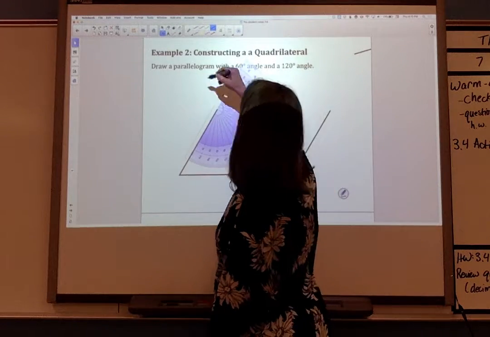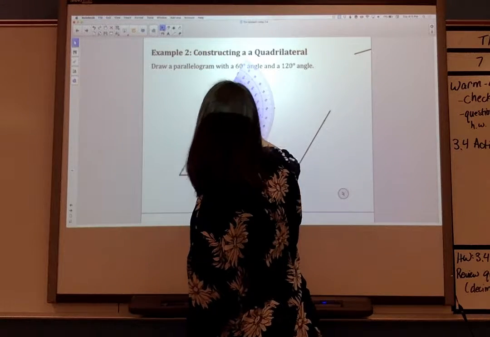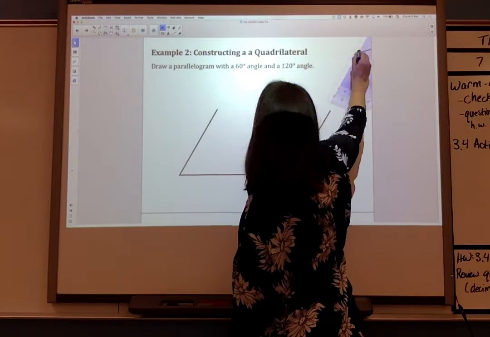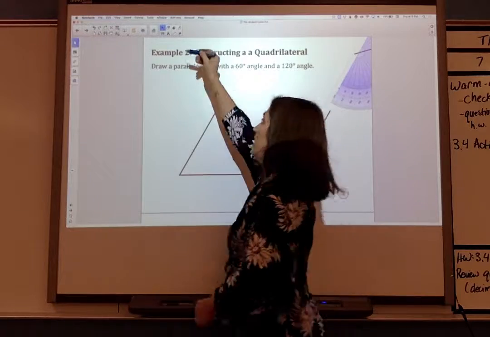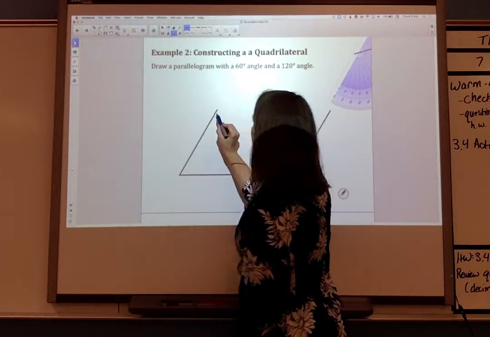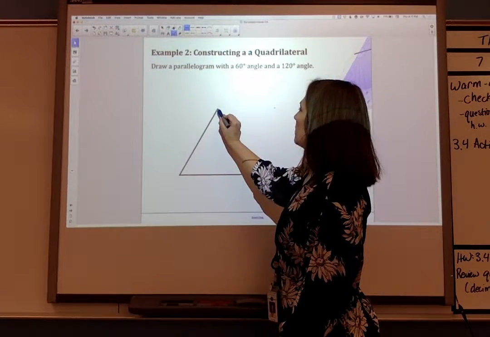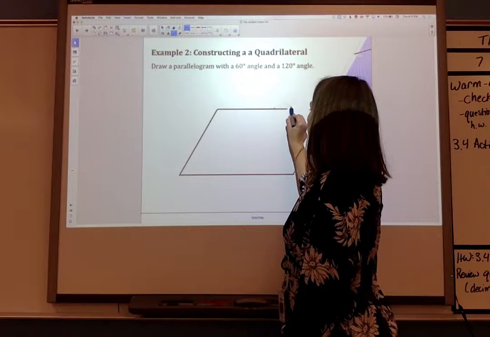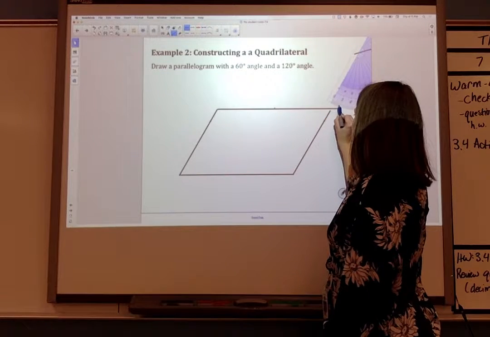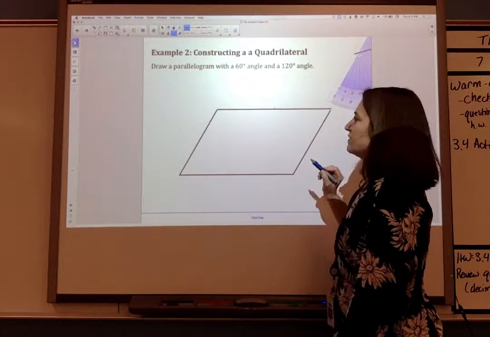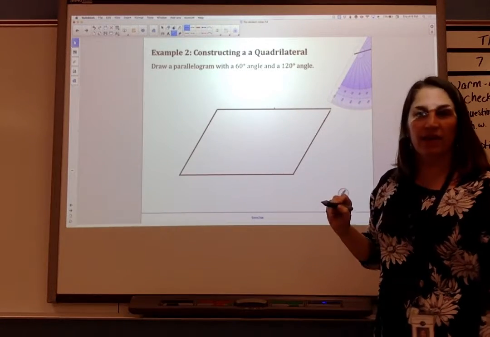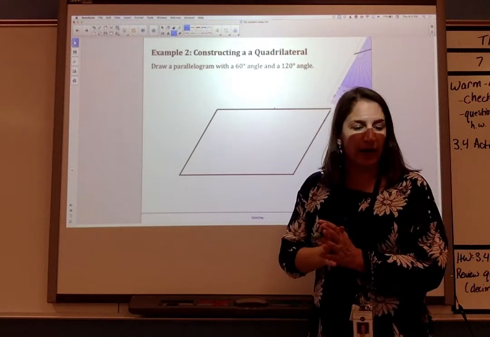Okay, now I'm going to get rid of my protractor. And I'm again going to use a straight edge to connect this end of my parallelogram with the point that I drew, and then I'm going to keep going all the way across until I connect and make a parallelogram. So that's the steps that you're going to follow as well.